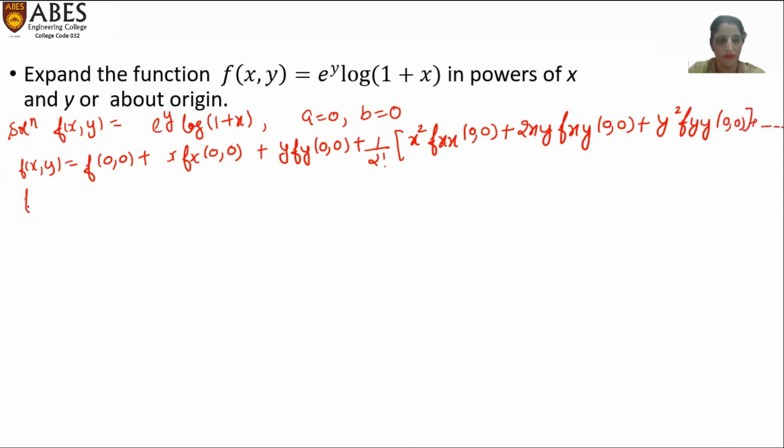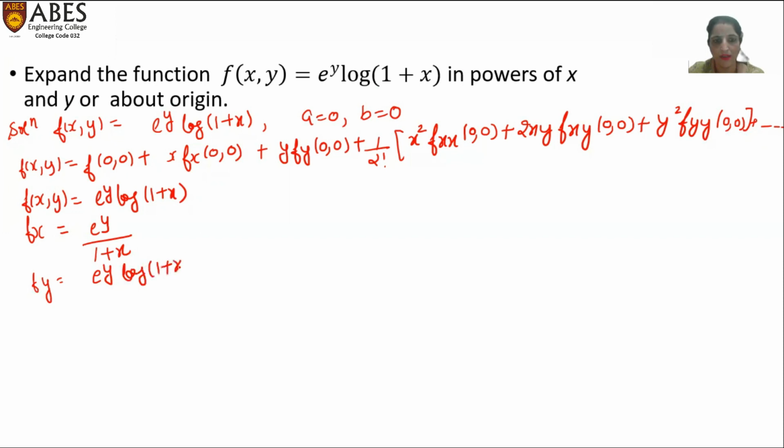Here again, first we will find all the required derivatives which we want to replace in the formula. This is the main function. The partial derivative with respect to x is e^y upon 1 plus x, by chain rule. The partial with respect to y is e^y log of 1 plus x, as it is. We may also write the answer like this for evaluating further derivatives.